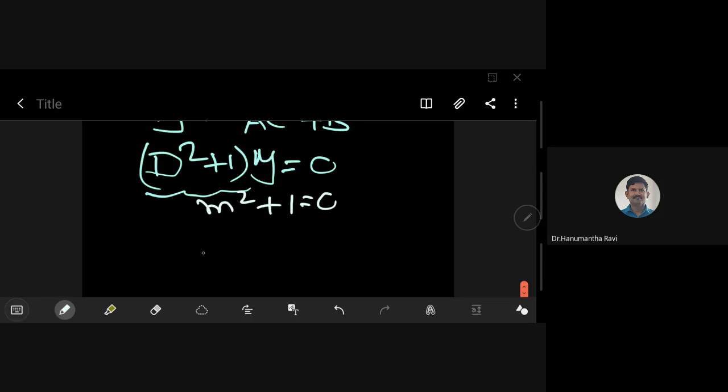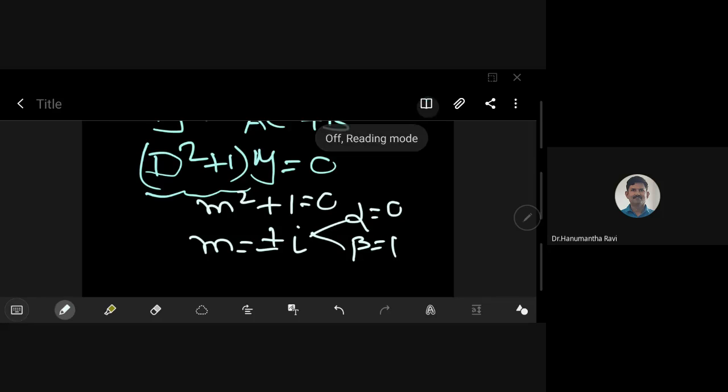M square is minus 1, so m is plus or minus square root of minus 1, which is plus or minus i. In these complex roots, alpha is 0 and beta is 1.